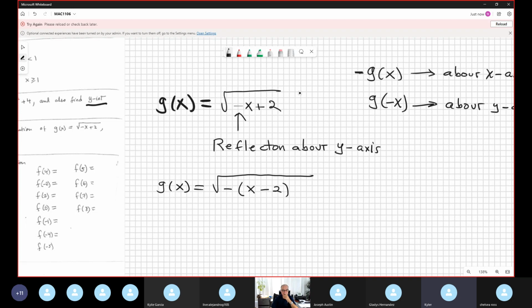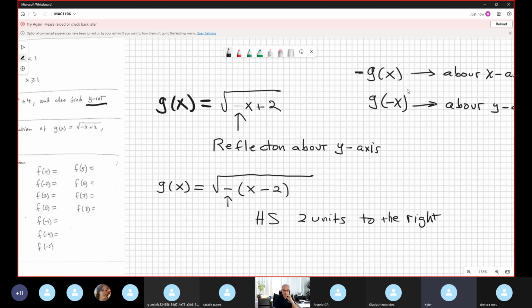Let me try to show that this is 100% equivalent: if you distribute this -1 here, we have minus x plus 2. Fantastic. It's equivalent. However, at least for me, it's easy to see that we have a reflection and a horizontal shift 2 units to the right. Remember, when it's negative, it's to the right. When it's positive, it's to the left.